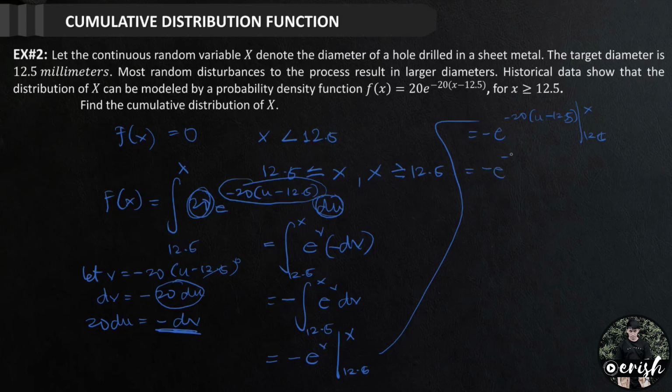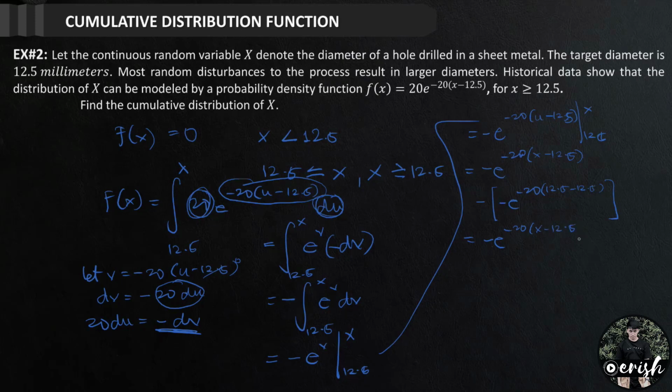Negative e raised to negative 20, we have x minus 12.5, minus, this is negative e raised to negative 20 times 12.5 minus 12.5. So this is negative e raised to negative 20 times x minus 12.5.